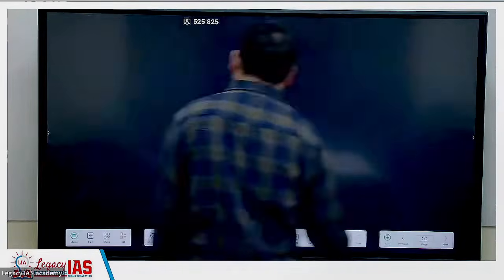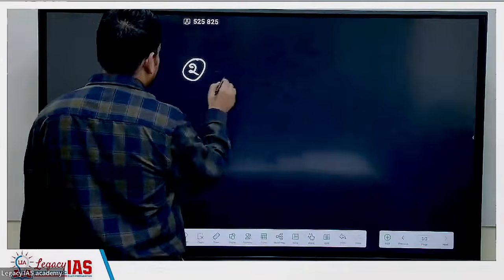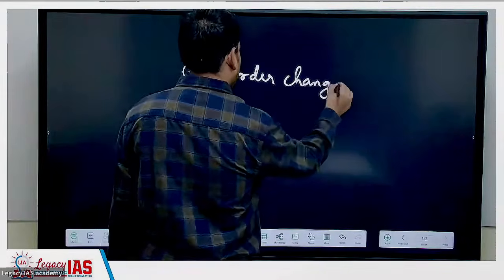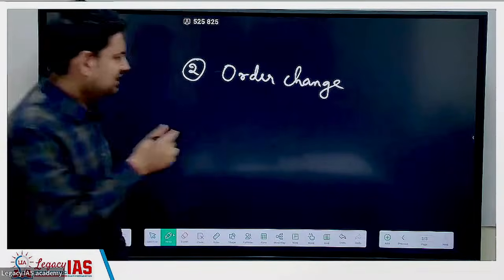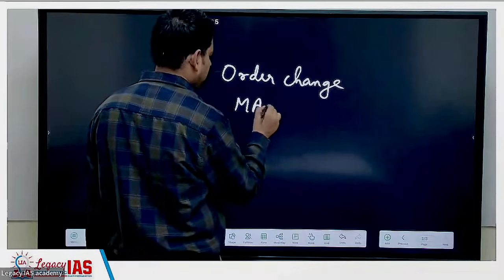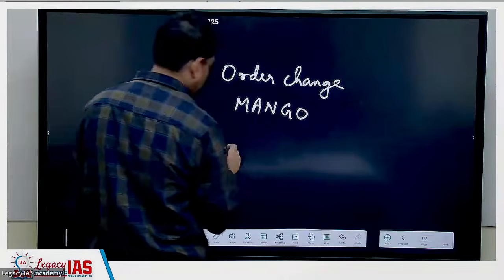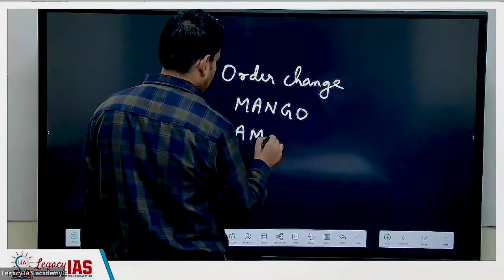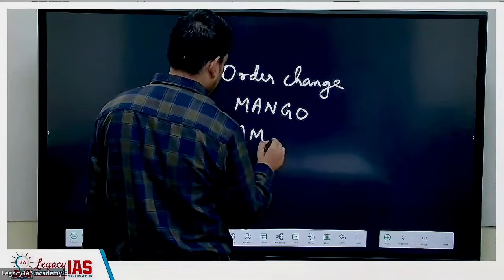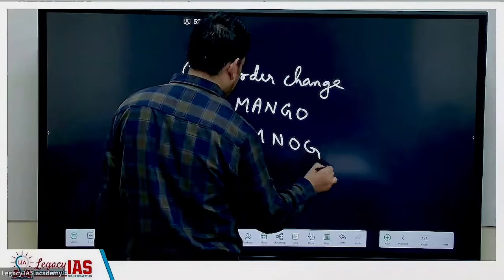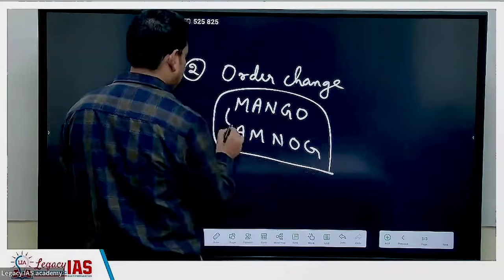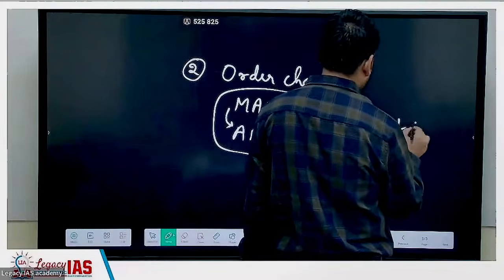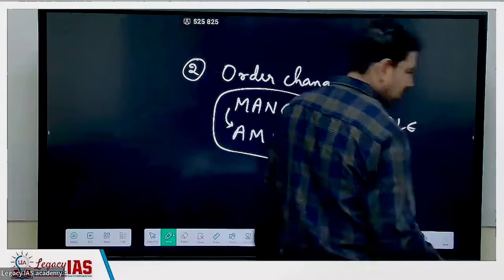Then the second kind of question is on order change. Like this is written as this, then you will be asked what is apple written as.